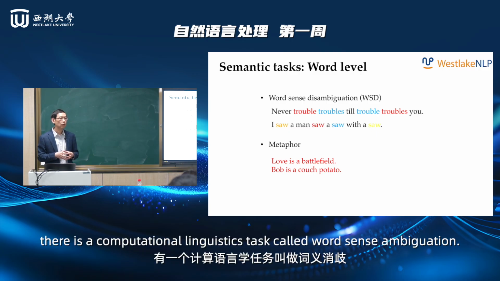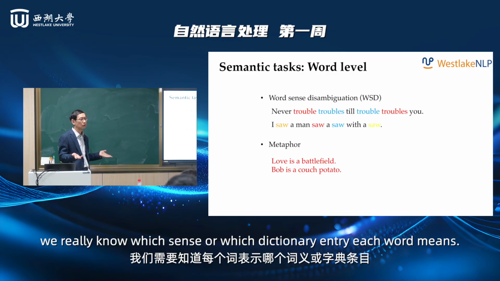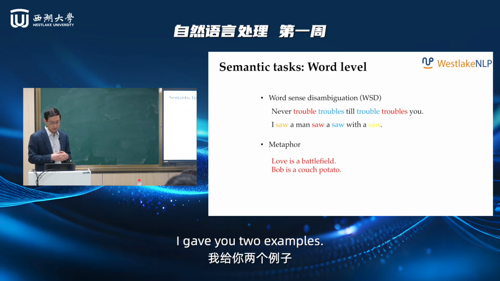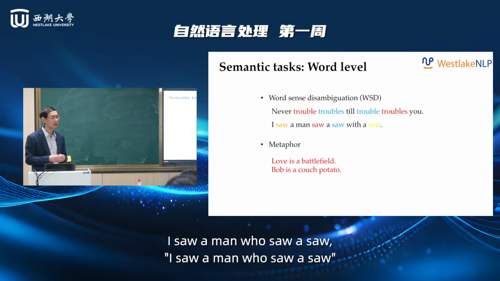Okay, so there is a computational linguistics task called word sense disambiguation. Basically, we're given a sentence with a lot of words. We want to know which sense or which dictionary entry each word means. So this is called word sense disambiguation. I gave you two examples. I saw a man who saw a saw.